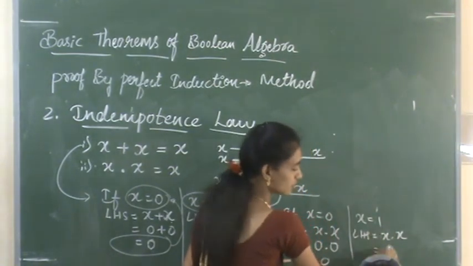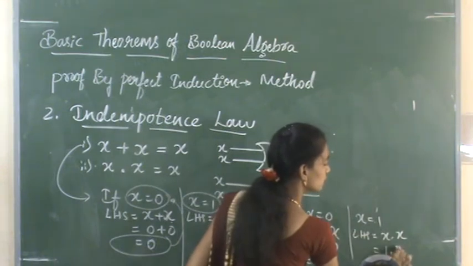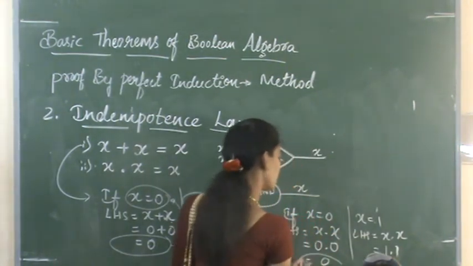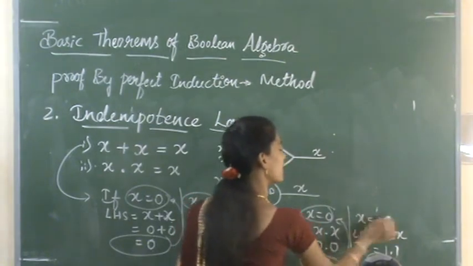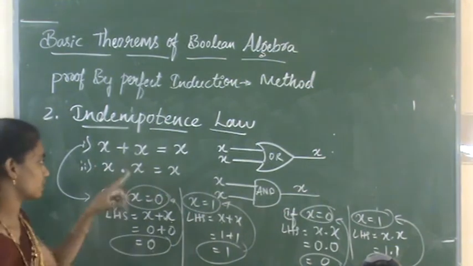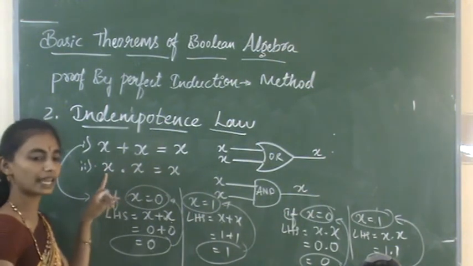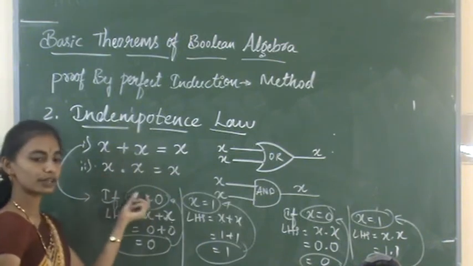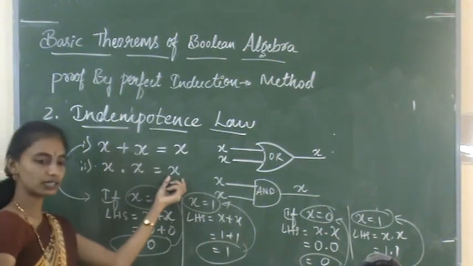So what is the value of x? 1. 1 and 1. So what is 1 into 1? 1. So whatever value you provide for x, that will be the result for that expression. Means whatever value is taken for that variable will be the result.